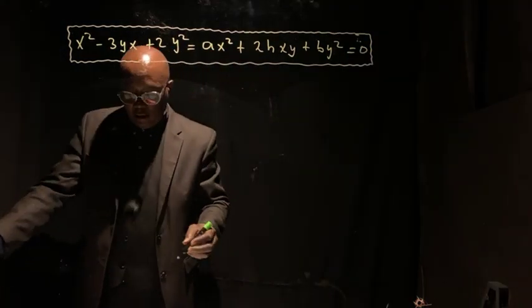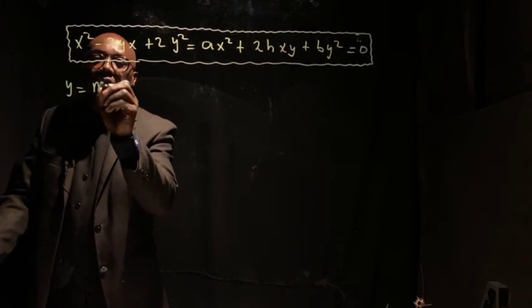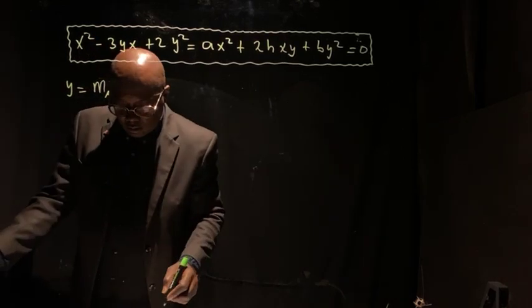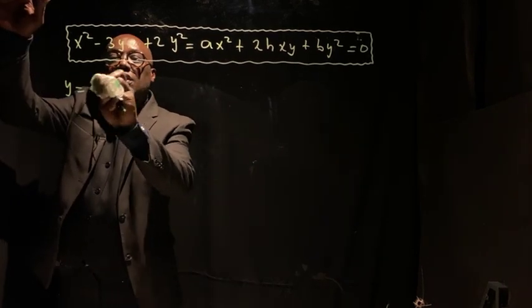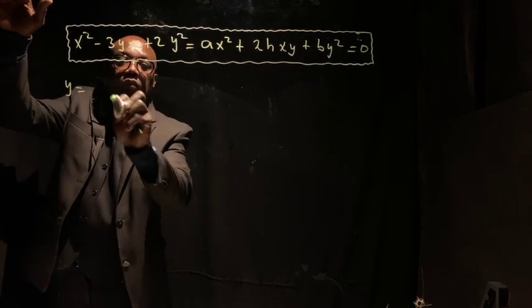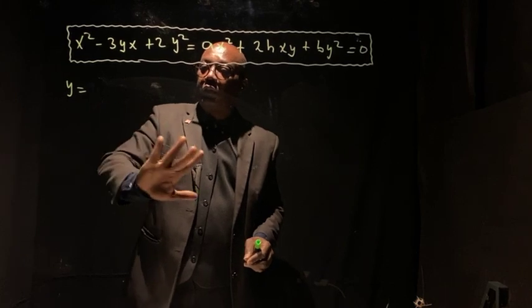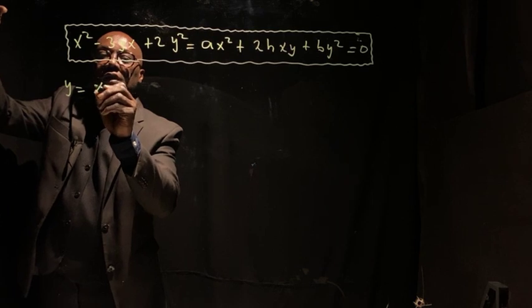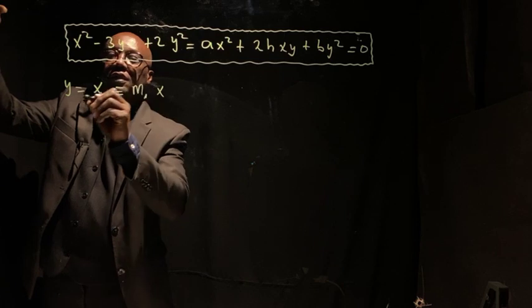Now, the first one was y equals x, which was no different from m1x.